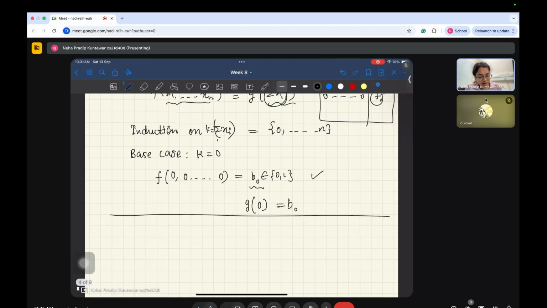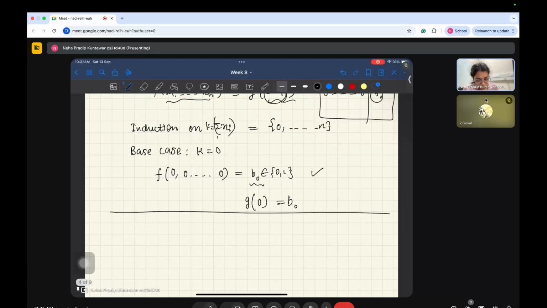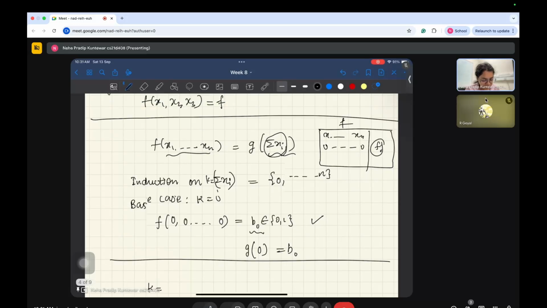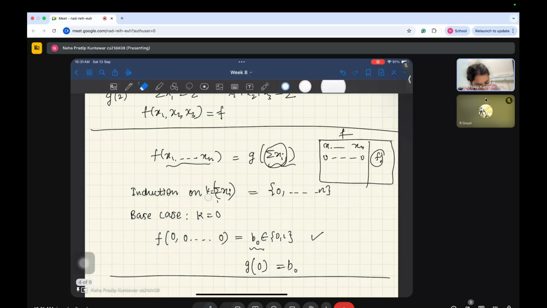Now, let's say that I knew that whenever the summation of xi, okay, k is a bad notation now, I'll remove that.